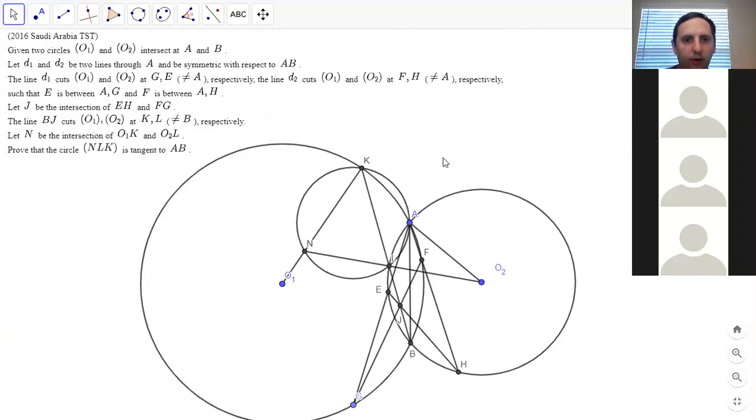So is it an angle chase to show that NK is cyclic? What would be the best way to show that?